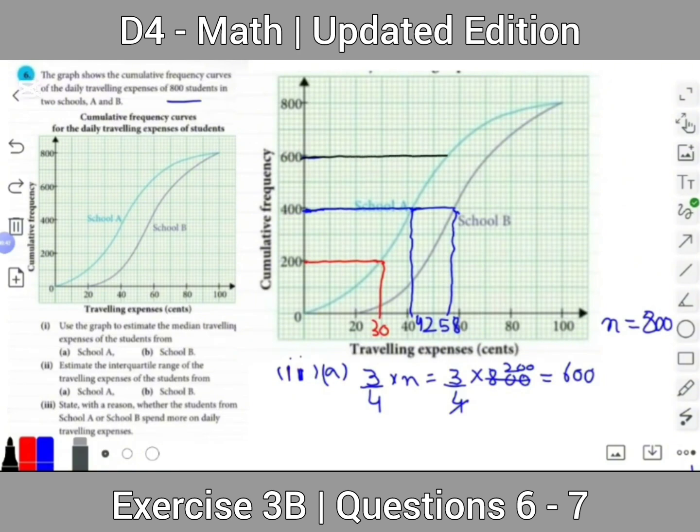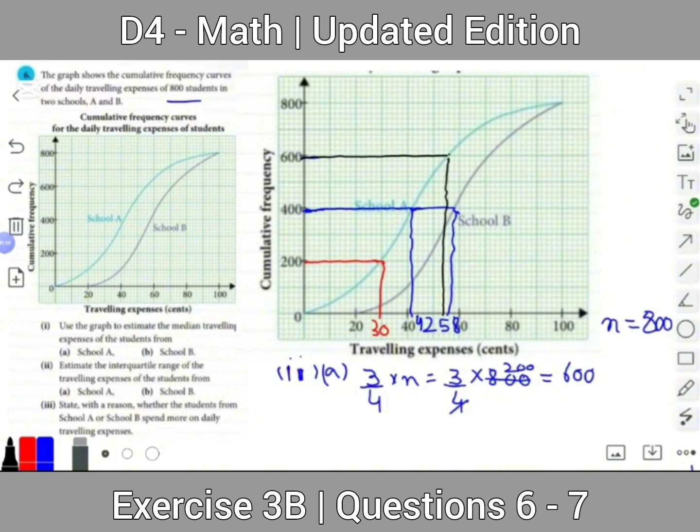Now from the point of intersection on the curve, we will draw a vertical line until it touches the horizontal axis.